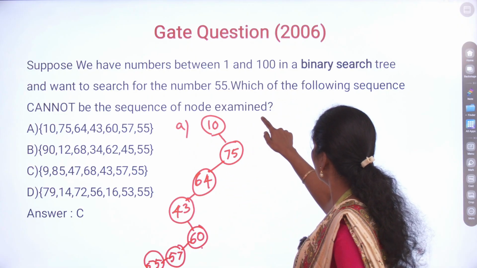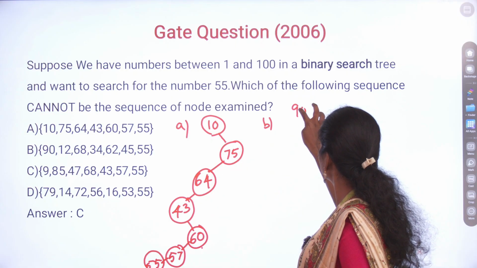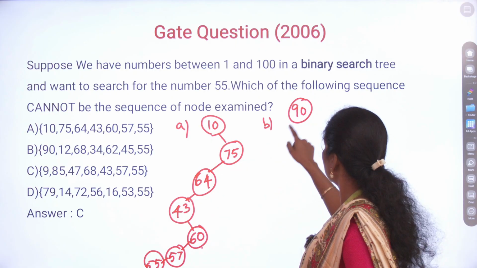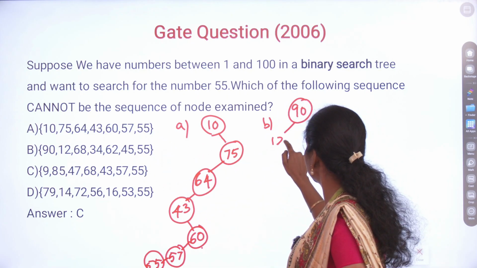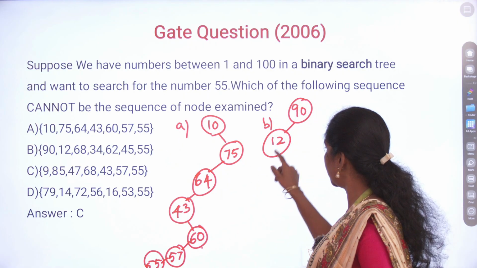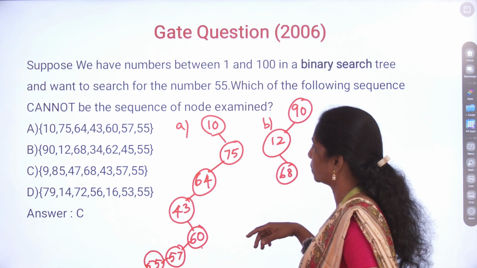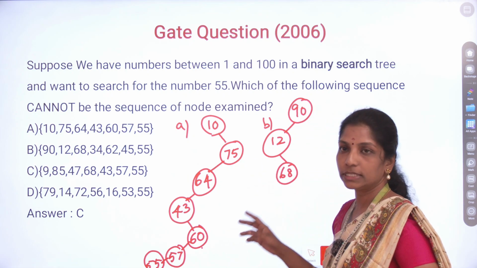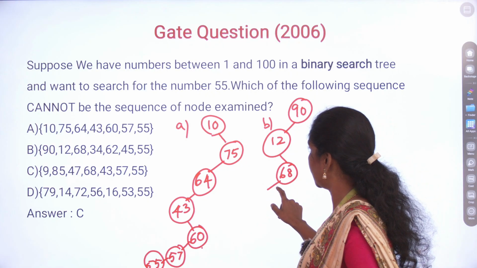Okay, let's draw for option B. First is 90. It starts from 90. 12 is lesser than 90, so it comes on the left hand side. And 68 is greater than 12, so it comes on the right hand side. And 34 is less than 68, so again it comes on the left hand side.